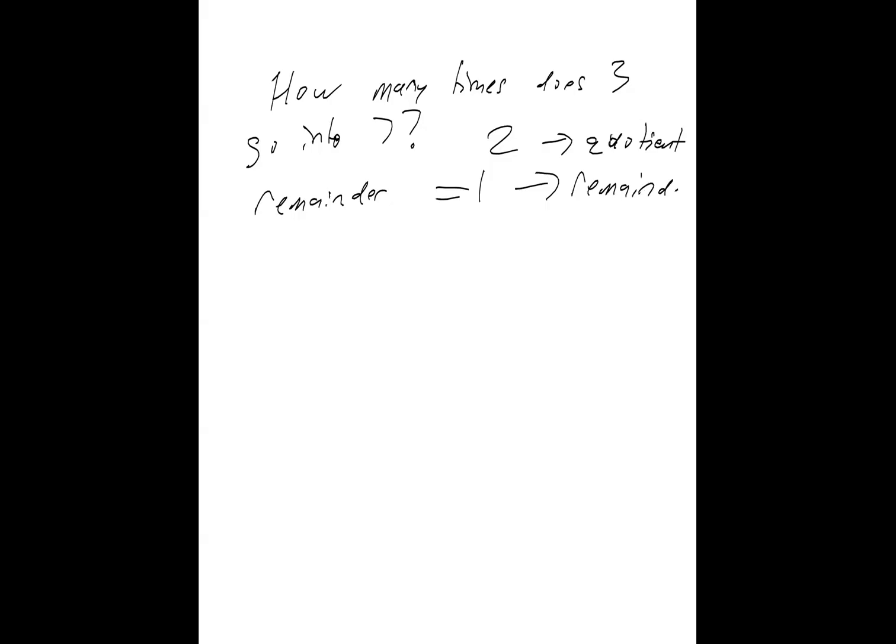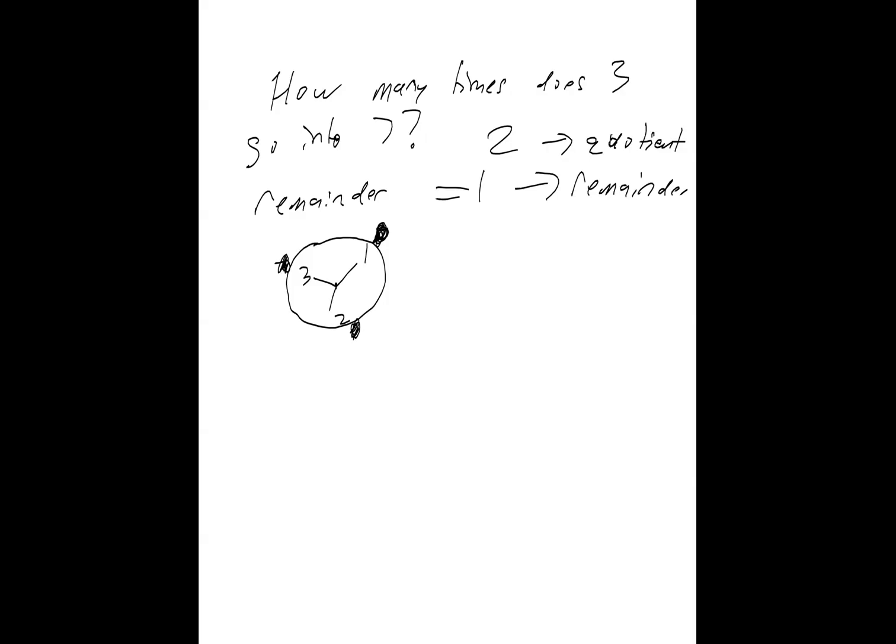Now we're interested in that remainder. So think about a clock. If you had a clock that had only 3 hours on it, 1, 2, and 3, 1 o'clock, 2 o'clock, 3 o'clock, and you counted 7 hours of time on that clock, where would you be? Going 1, 2, 3, 4, 5, 6, 7, what hour would you be on after 7 hours?